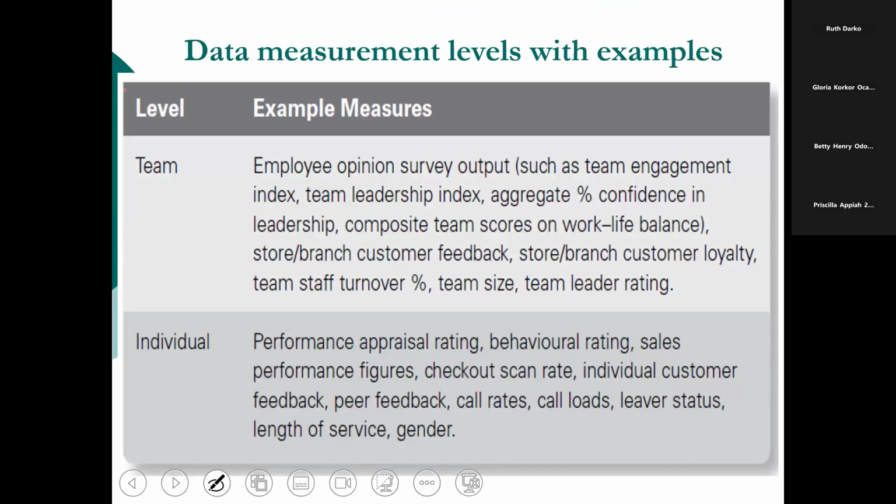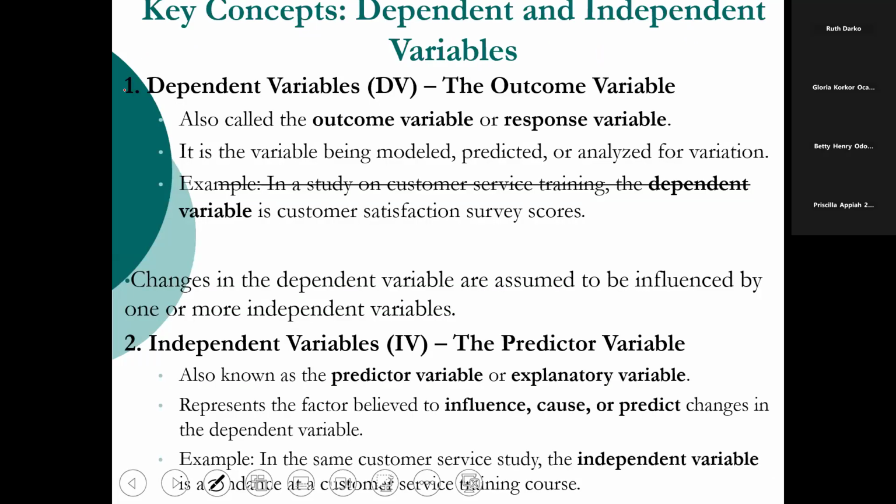I give an example, and I'm not going to read this, it is for you. I've talked about the dependent and the independent variable. I said it's called the outcome variable. It's also called the predictor variable, right?